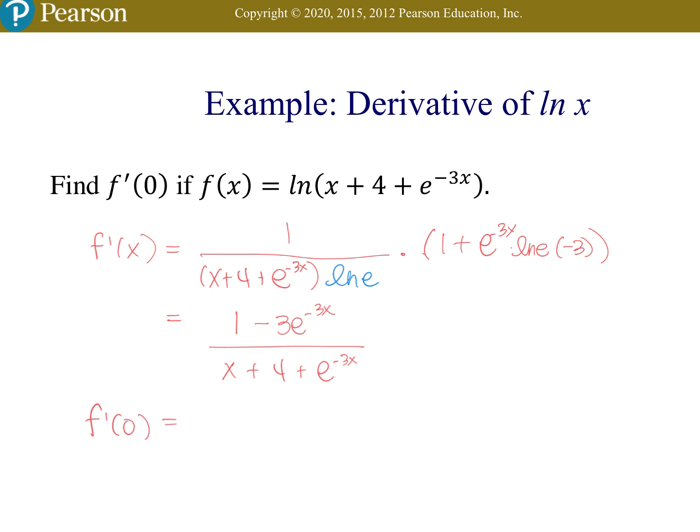So now at this point, we'll just substitute 0 in for each of the x values. So 1 minus 3 times e to the 0 over 0 plus 4 plus e to the 0. So that'll be 1 minus 3 over 4 plus 1. So we'll be looking at negative 2/5 as the slope along this curve at the position x is 1.